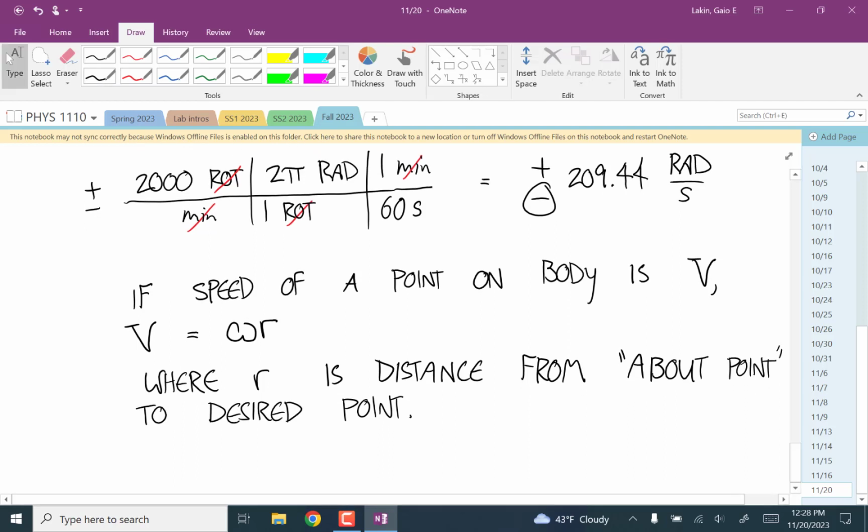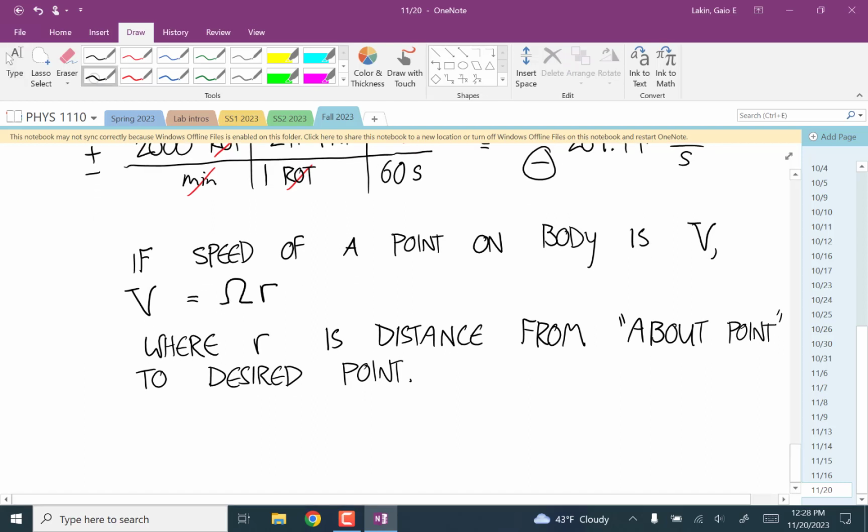And okay, one thing, I'm sorry about this. Let me change one thing. I think this will be clear. So let's say V is equal to, this is capital omega, okay? And let's say that capital omega is the angular speed and it's equal to the absolute value of the angular velocity.